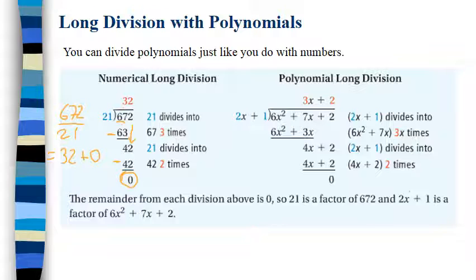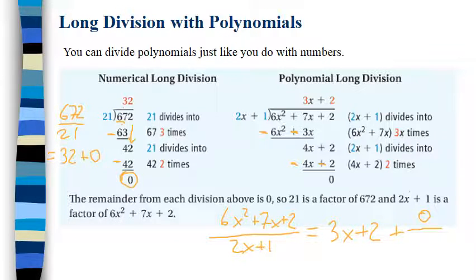I want you to see if you can find the connections between subtracting each part and how they got a remainder of 0, so that we can then write 6x squared plus 7x plus 2 over 2x plus 1 is 3x plus 2 with the remainder of 0. And technically, we're going to write that remainder over the divisor.